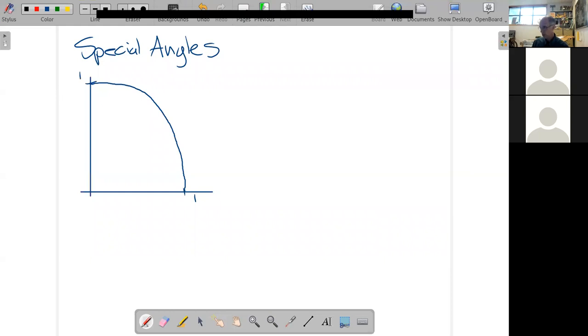Special angles here are going to be the 30 degree or pi over 6 angle I talked about earlier, 45 degree or pi over 4, and then 60 degrees, about right here, which would be pi over 3. So the special angles here are, earlier we did the pi over 6.